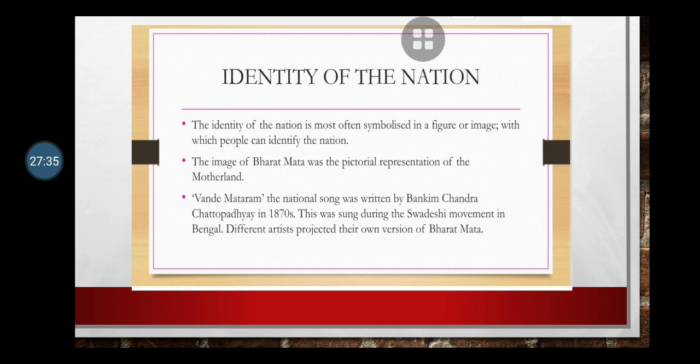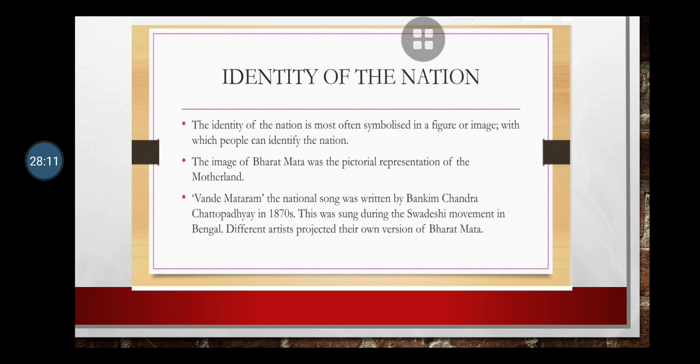As we have seen in Germany also, the allegory of Germania, and in France too, the female allegory was there. So these allegories are there to associate a nation with an image.